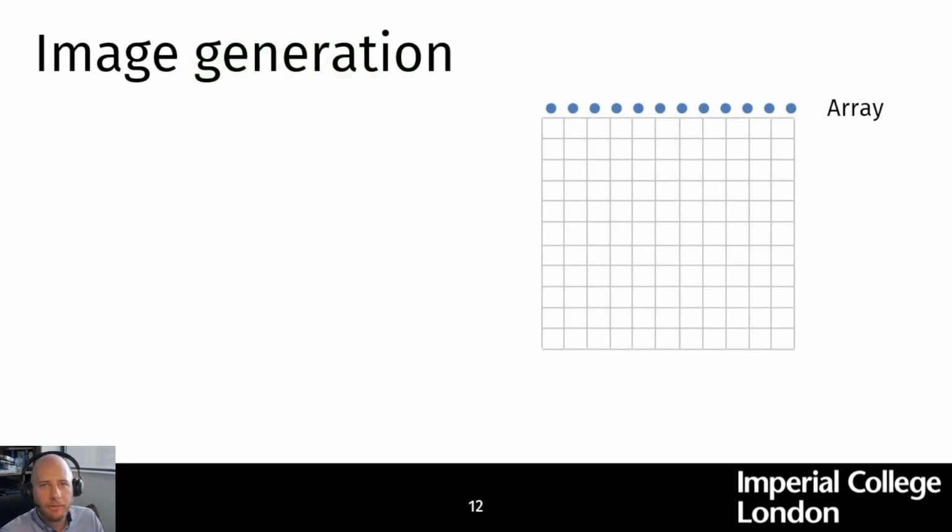So basic image generation. So this is the total focusing method. What we have here is a grid, and in this grid we want to try and produce our image. So this is actually a grid of pixels, obviously quite big pixels here just to illustrate it. And we've got our array above it.